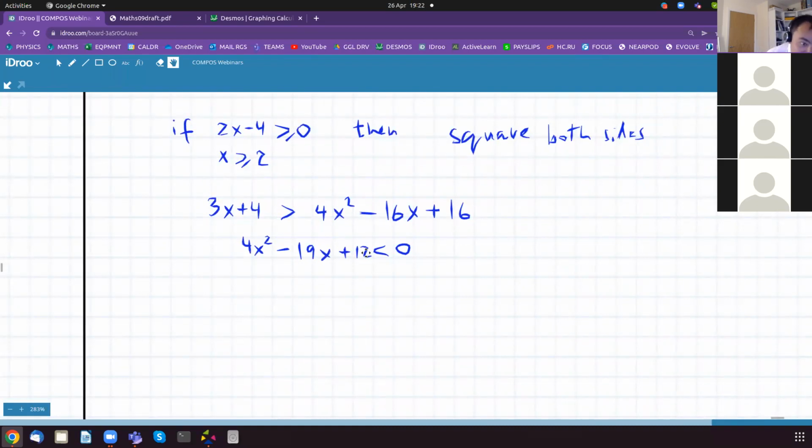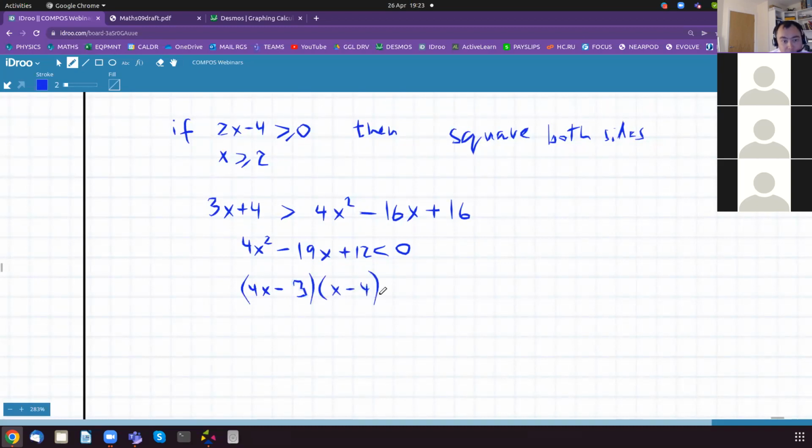I'll factorize it using technology so I don't waste time. If it can be factorized. Oh, it can. As a matter of fact, it can be beautifully factorized. So I didn't make a mistake. It's going to be 4x minus 3 and x minus 4.